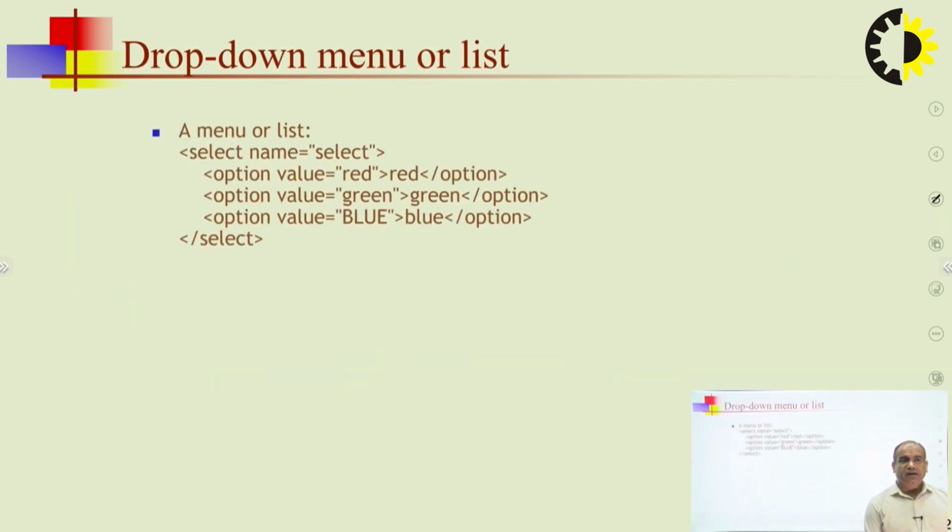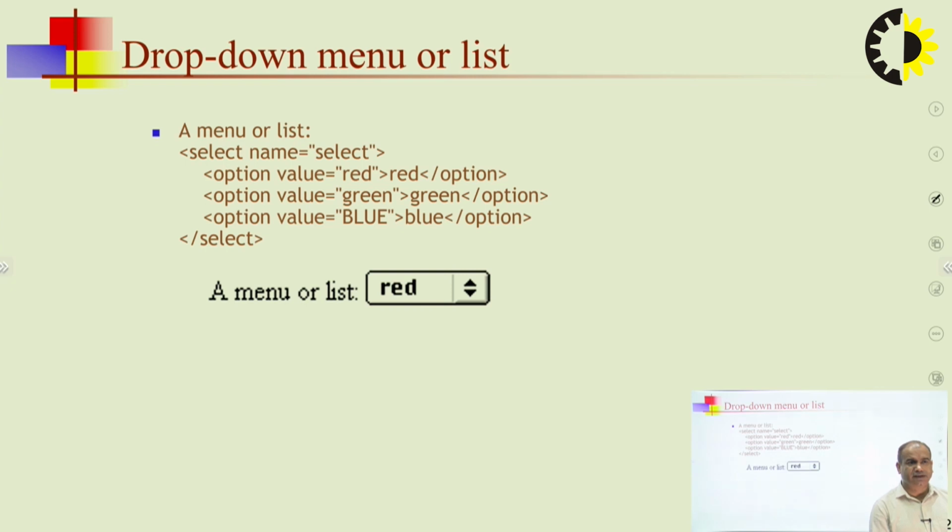You will see an example here. We are not using input here, we are using select. Select name equal to select. Inside select we use option value equal to red, and red will be shown as the label text. Next the option is closed, then option value green, and option value blue, and then select is closed.